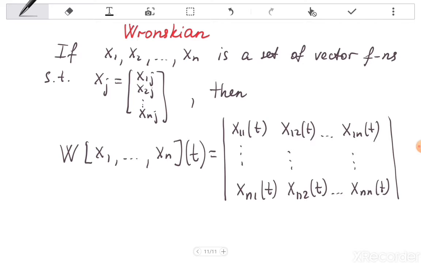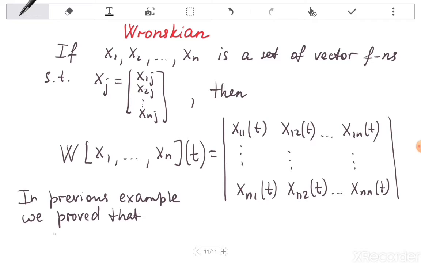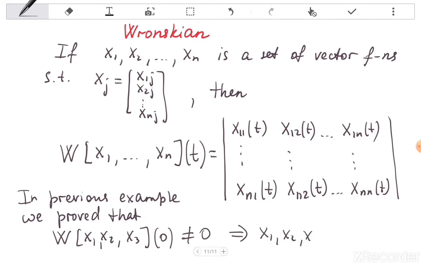Okay, so what we did in the previous example, to prove that something is linearly independent, we proved that the Wronskian of x1, x2, and x3 at the point 0 is non-zero, right? And from this we concluded that the set x1, x2, and x3 is a set of linearly independent functions.